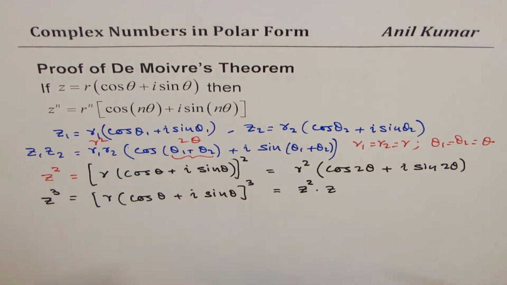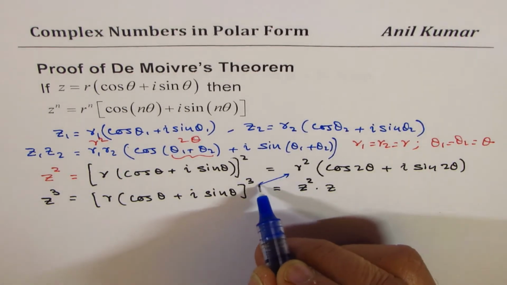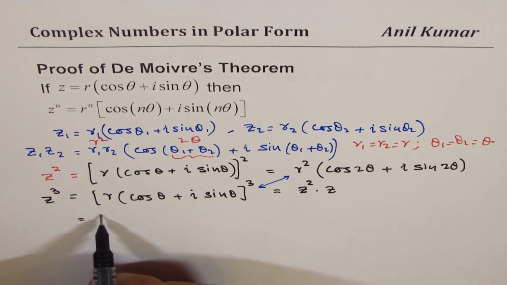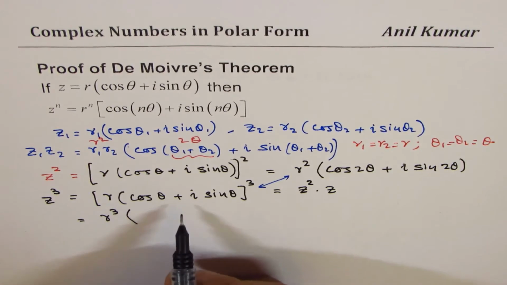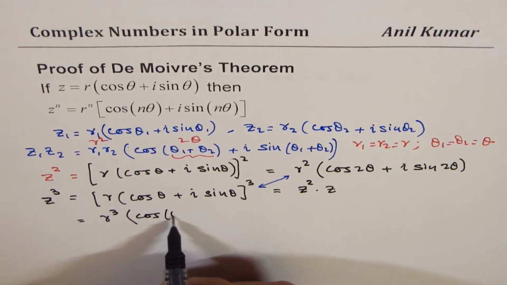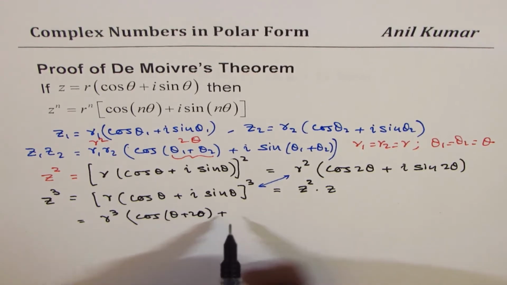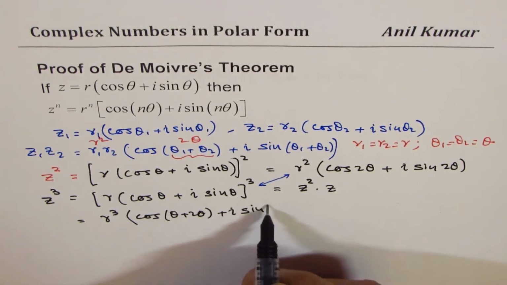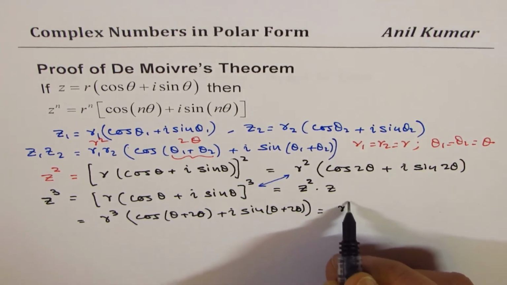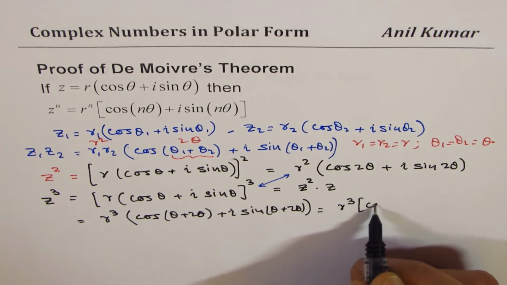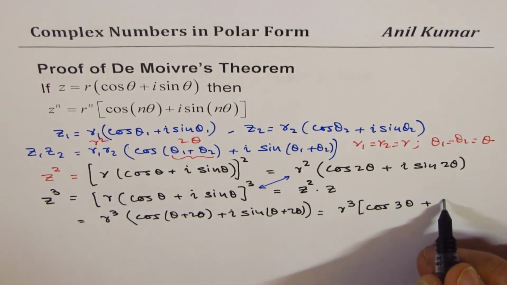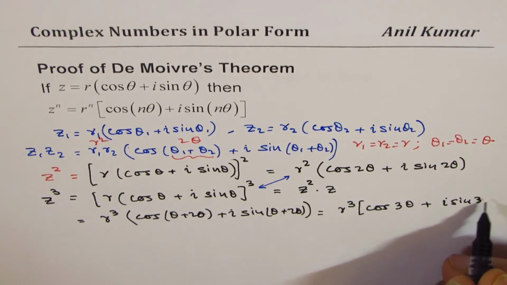That means we are doing the product of these two. In that case, you get r cubed, and the angle is theta plus 2 theta. So we get cos of theta plus 2 theta plus i sine of theta plus 2 theta, which is r cubed times cos of 3 theta plus i sine 3 theta.